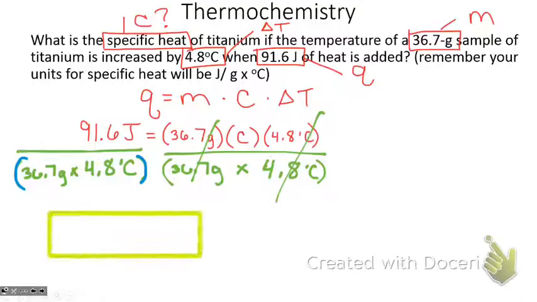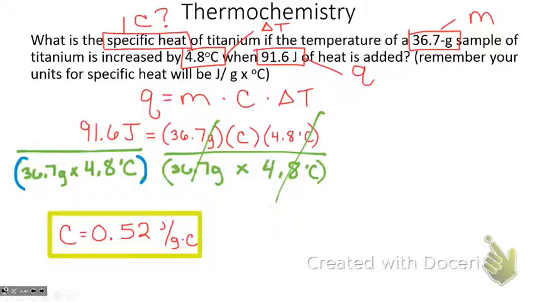You should get a rather small number. For this case, the value of specific heat capacity, and I'm just going to round to keep things nice and pretty here, should be 0.522, and it's joules divided by grams times Celsius.